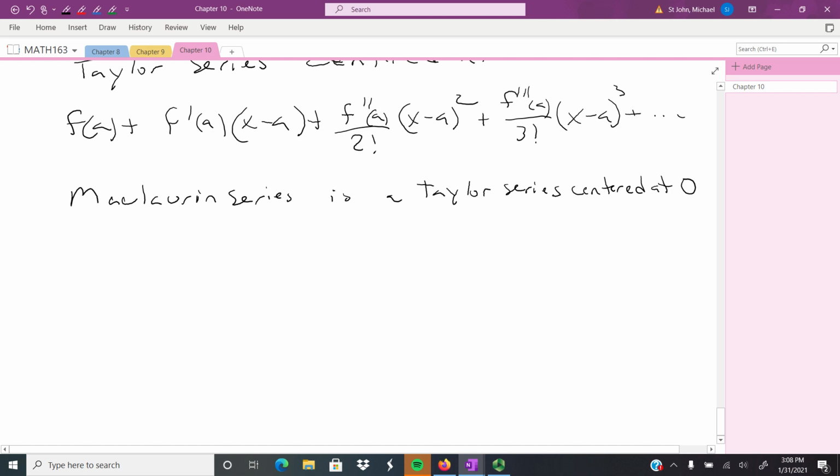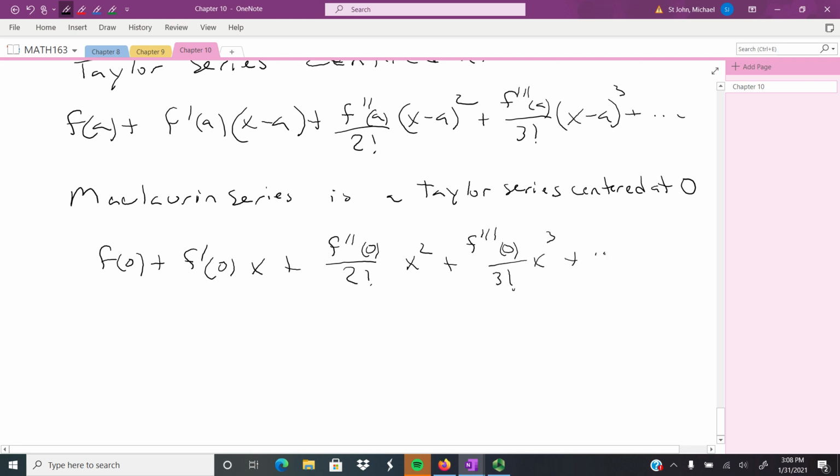So basically this would just be f(0) + f′(0) x + f″(0)/2! x² + f‴(0)/3! x³, and so on.